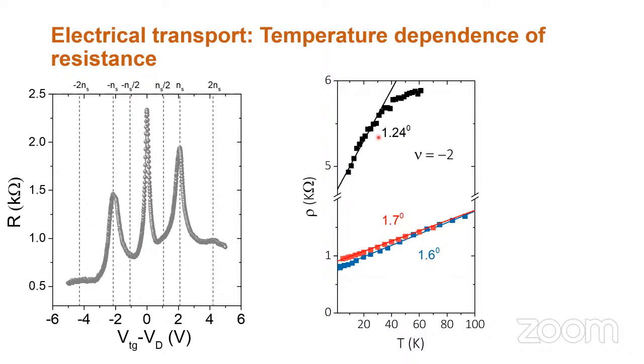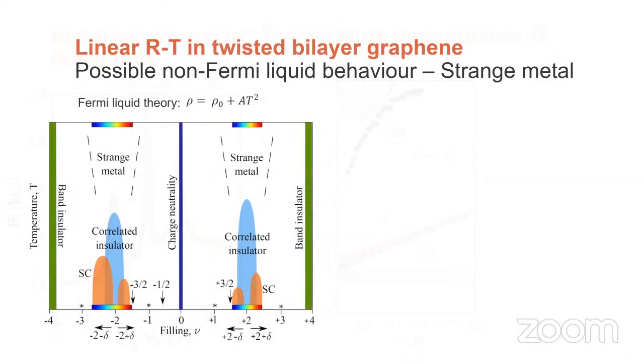The reason this linearity is very interesting, and it led to significant controversy, is whether it is some form of manifestation of non-Fermi liquid behavior, or whether twisted bilayer graphene is, after all, a strange metal. This kind of thought has been discussed in the context of the similarity between twisted bilayer graphene superconductivity and high Tc superconductivity.